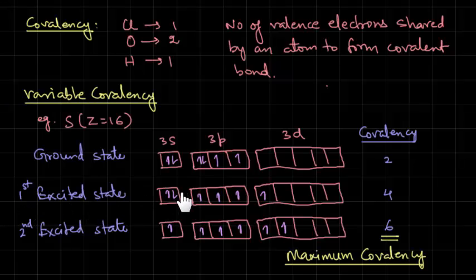It's called the first excited state, because this electron is jumping into the next orbital. In this case the covalency is 4. Again, when more excitation energy is given, this electron will also jump to the 3d orbital. Now the covalency of sulfur will be 1, 2, 3, 4, 5, 6. So sulfur shows a variable covalency of 2, 4 and 6. Among these three, 6 is called the maximum covalency.